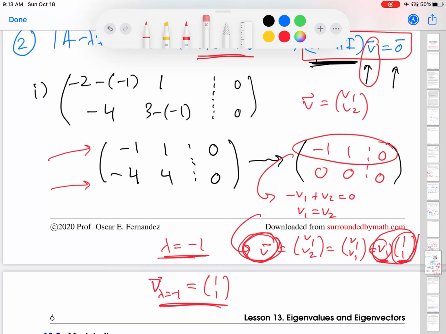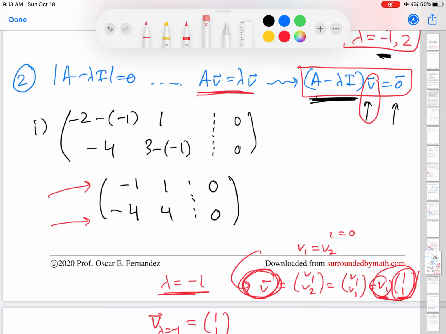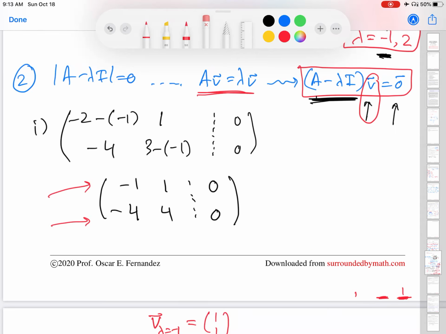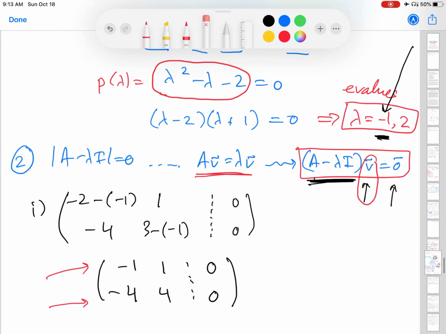So what I'm going to do now is I'm going to erase all of this. I'm going to just record up here that we found this eigenvector. Actually, I'll leave it down here. And I'm going to go back, like I said earlier, and do everything all over again for the second eigenvalue. All right.